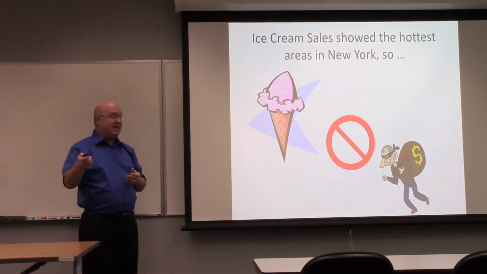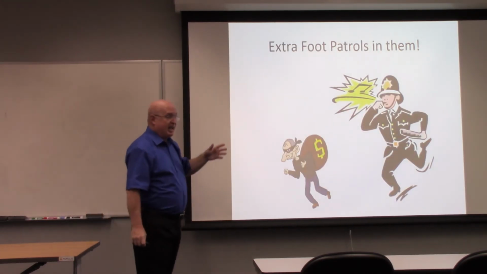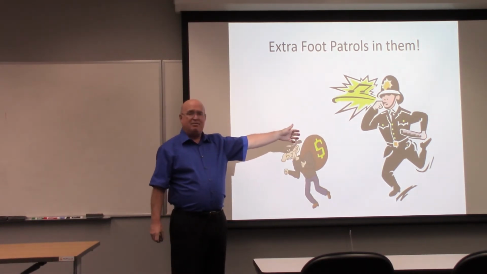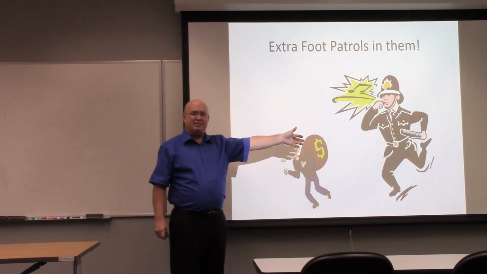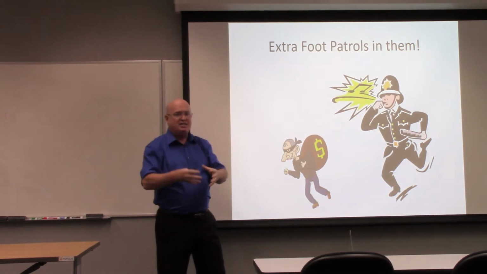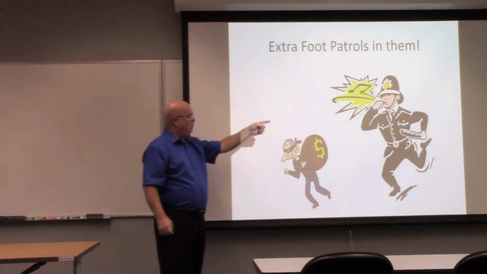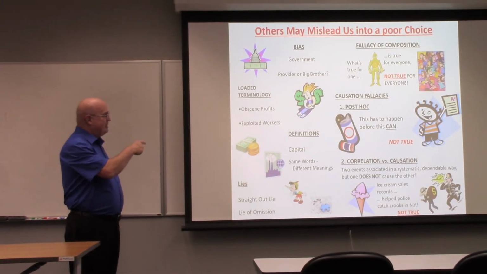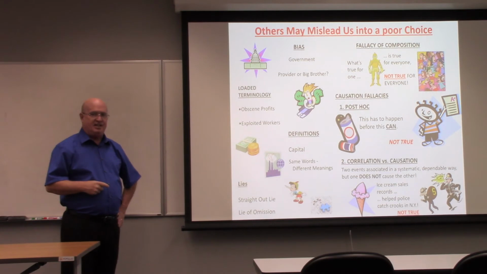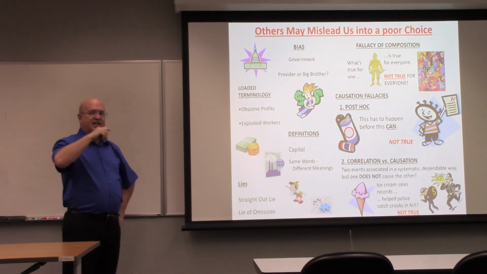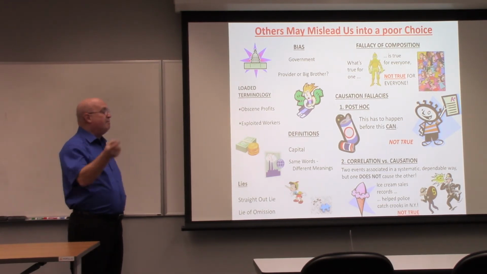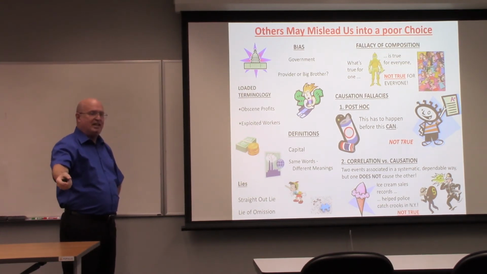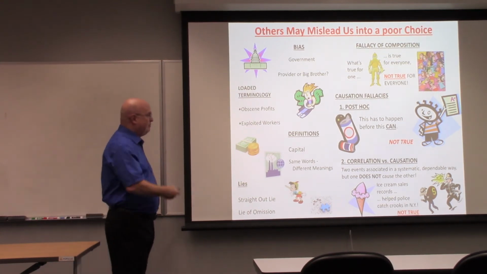But what the police did is they went ahead and in the hottest areas in the city, on the third shift, they had more patrol officers in those hot spots. And it was the more patrol officers that caught more crooks. Right? But that's an example of correlation versus causation. Ice cream sales didn't cause the crooks to get caught, but it showed them where the hot spots were, and the additional police went ahead and got them.